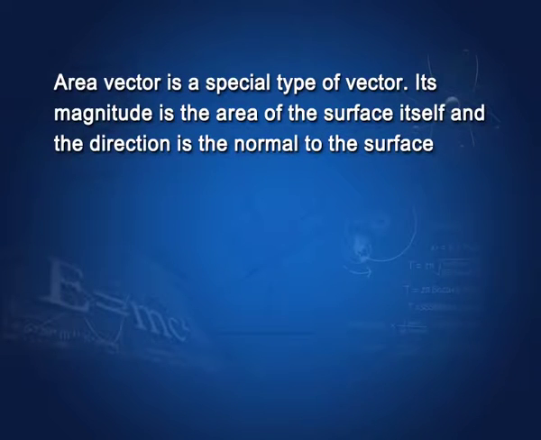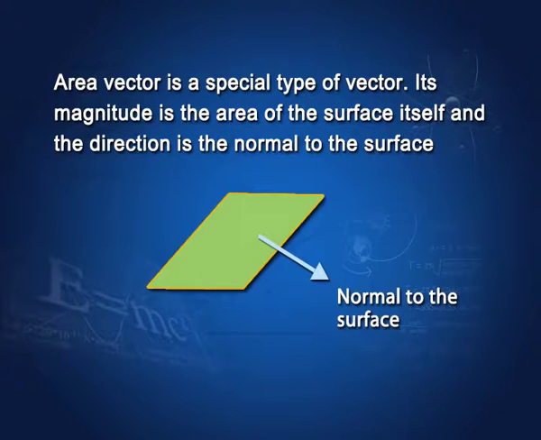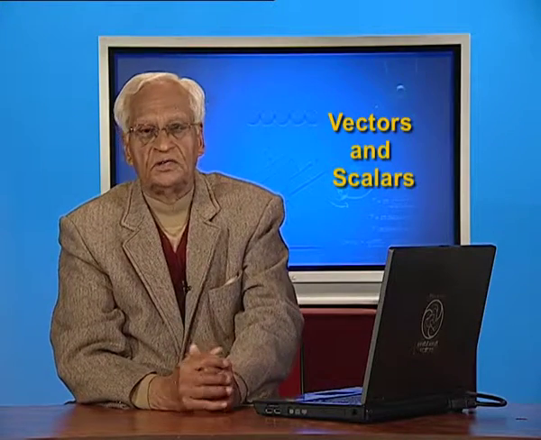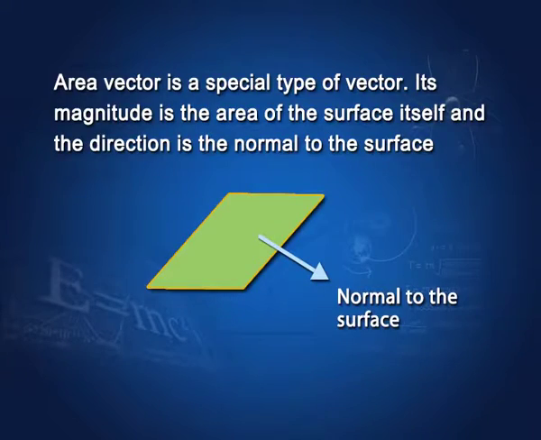Area vector is a special type of vector. Its magnitude is the area of the surface itself, and the direction is the normal to the surface. In this diagram, the surface area is the magnitude and the normal to the surface is the direction of this vector.